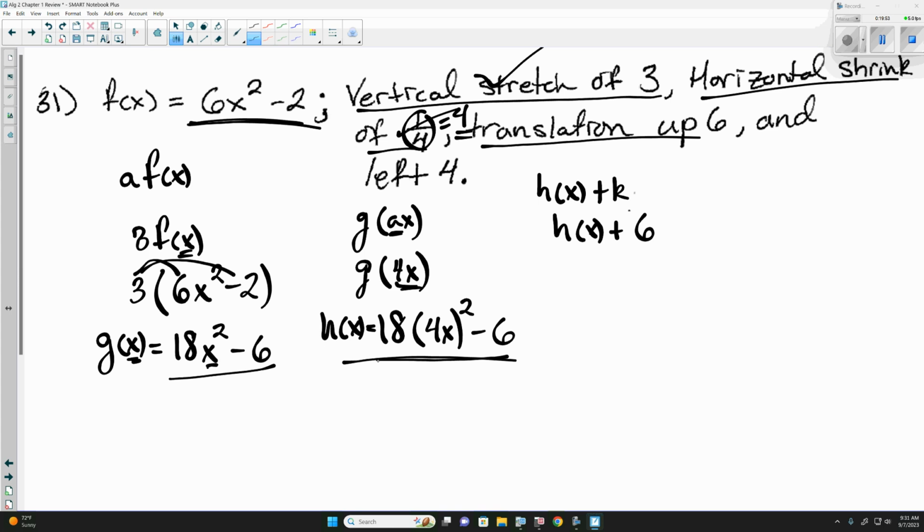Now, h of x, we didn't do anything inside that parentheses. It's still just x, yes? Which means we just grab the previous function, 18, parentheses, 4x squared minus 6. And what are we doing? We're adding, oh, sorry, I about confused everybody. That parentheses is in the wrong spot.